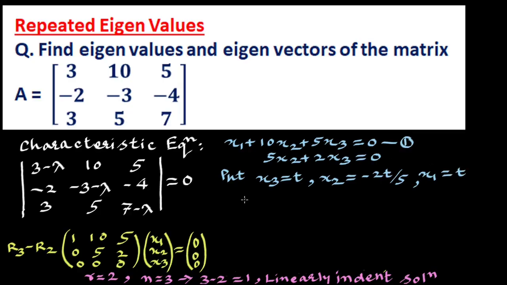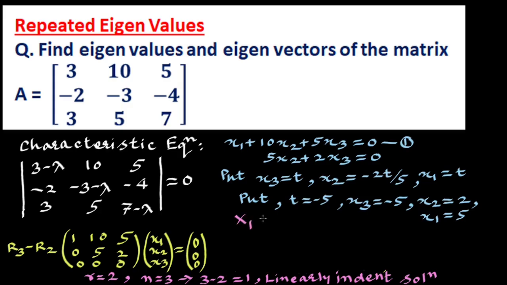Now if we put t equals minus 5, x3 will be minus 5, x2 2, and hence x1 5. So we get eigenvector x1 corresponding to repeated eigenvalue 2 as (5, 2, minus 5).